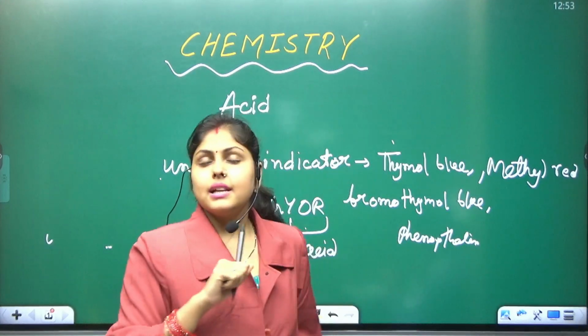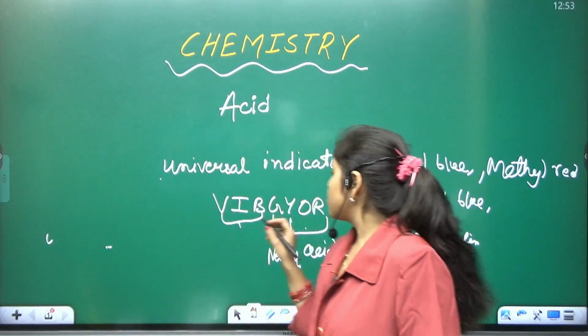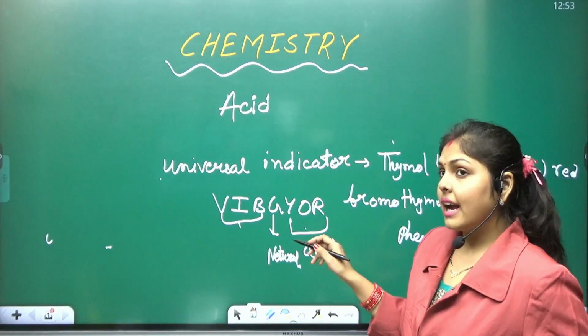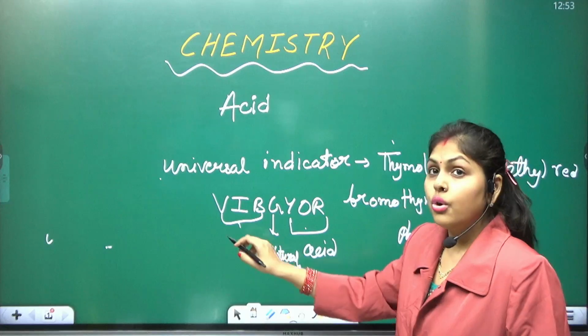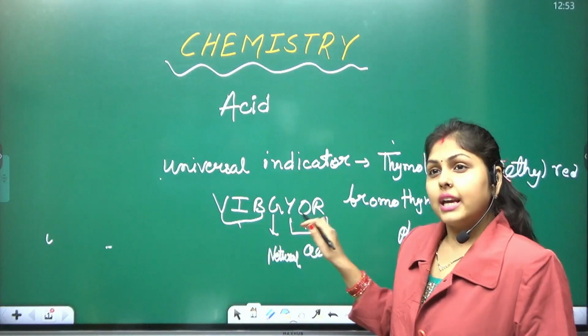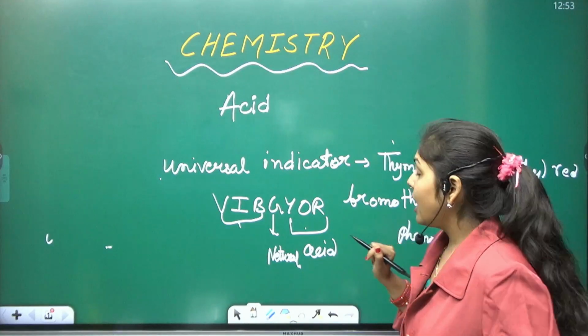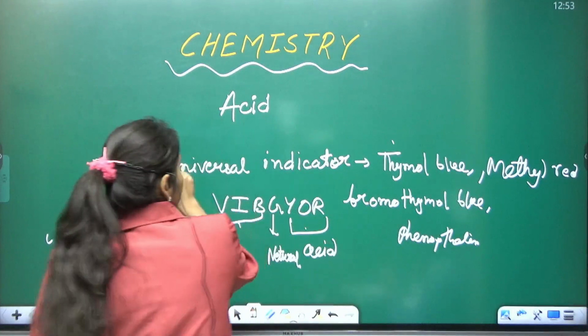So universal indicator is a mixture of many dyes. So when adding different kinds of pH, it will convert into a different color. So it can tell us the exact value of pH. Okay, now we have talked about indicators.